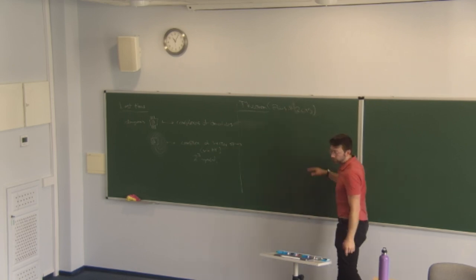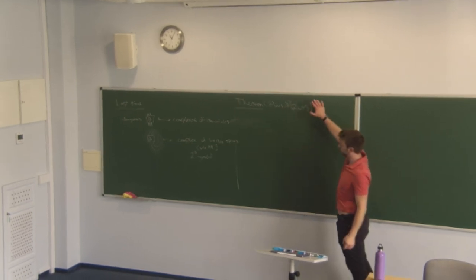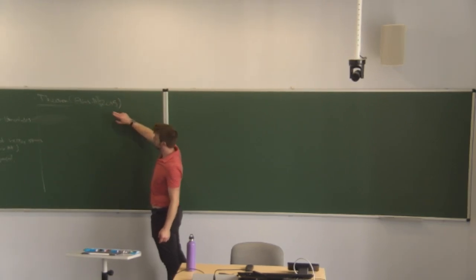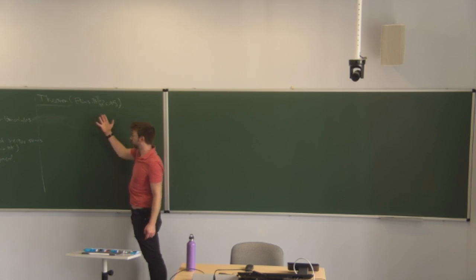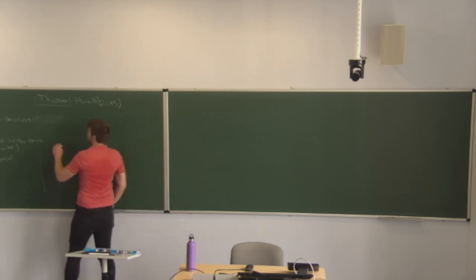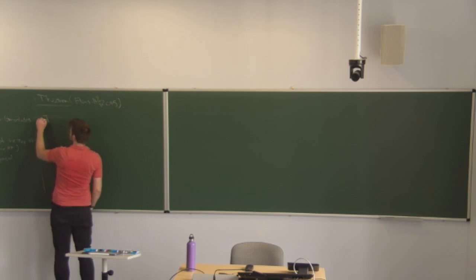The complexes of bimodules that I'm going to refer to in this theorem were actually constructed earlier by me, but the application that we have in mind is from the later paper. So the theorem is that there exist some complexes of bimodules.